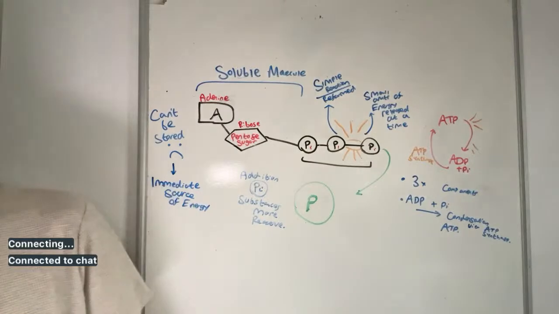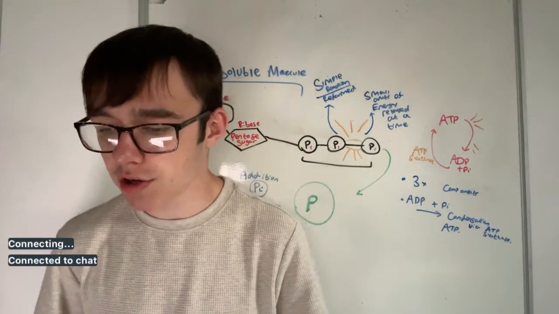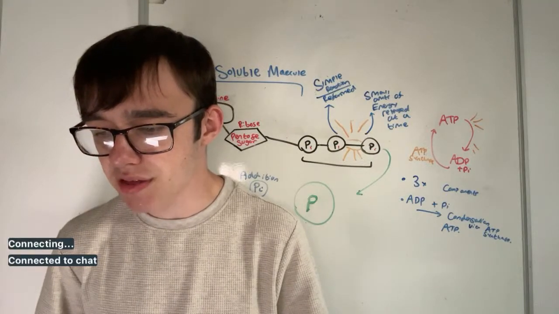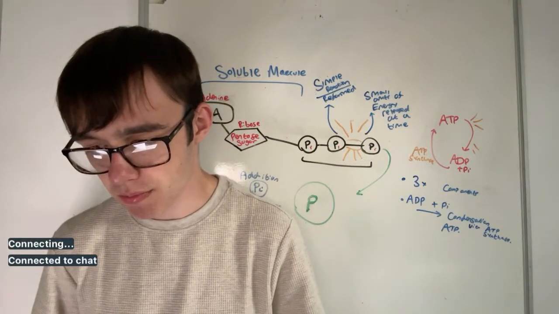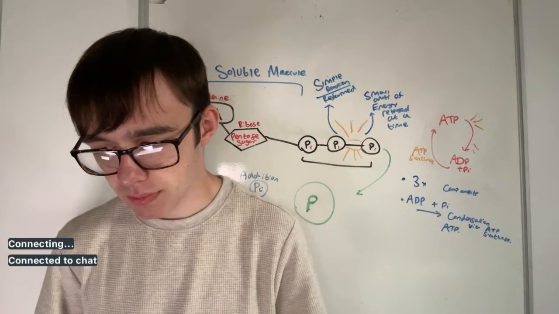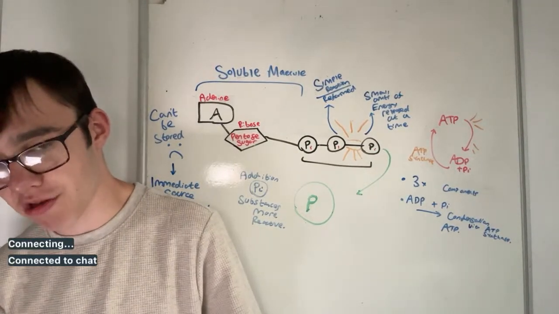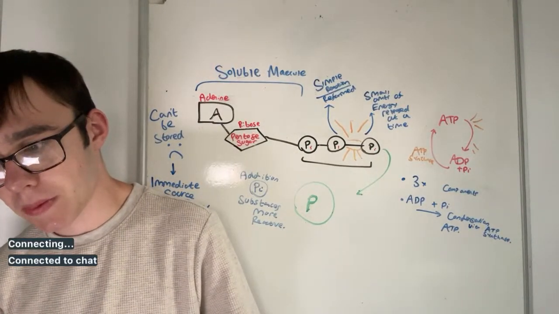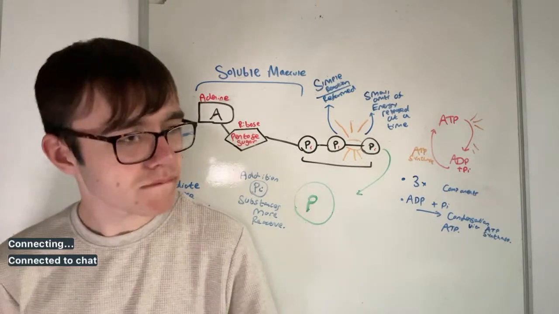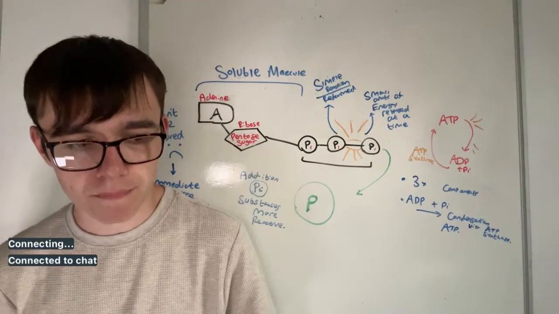So let's see if we can... Okay, here. Water is used to hydrolyze ATP. Name the 2 products of ATP hydrolysis. Okay, hold on. I don't want to overthink this, but hold on. Hydrolysis is the addition of a water molecule to split molecules.